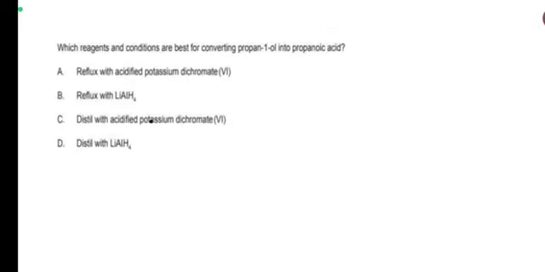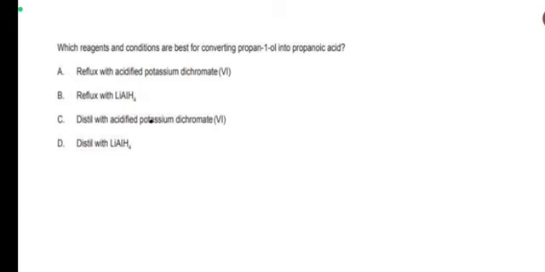Next question, which is about the conversion of propanol to propanoic acid. The different options are given. Lithium aluminum hydride is usually added to reduce, right? It is not an oxidizing agent, it is a reducing agent.